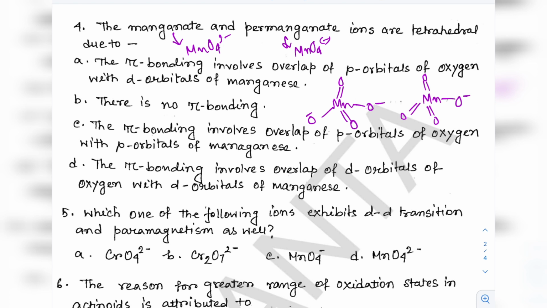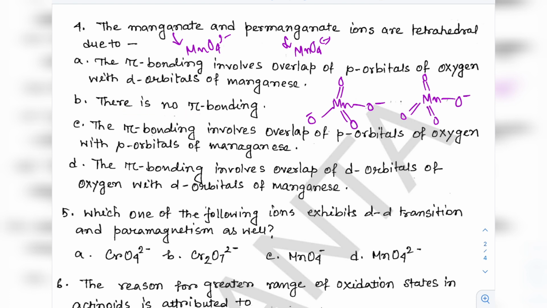The first option is the pi bonding involves overlap of p orbitals of oxygen with d orbitals of manganese. Yes, that's correct. Lone pair p electrons are involved in overlapping with the vacant d orbital of manganese. This is correct.